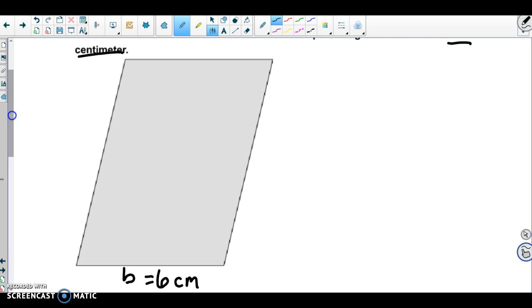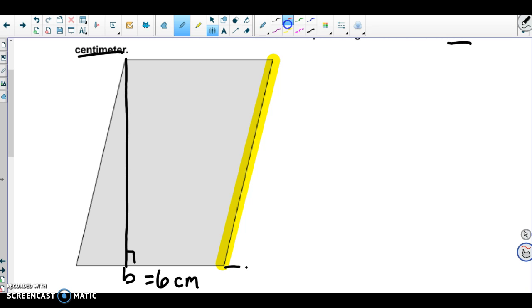Now my height, remember, is not going to be this. This is not our height because it is leaning. So we really have to draw in a height, whether I draw it in here and it goes straight down, using my index card to make it nice and straight, or I could have extended here and drawn it on the outside as well.